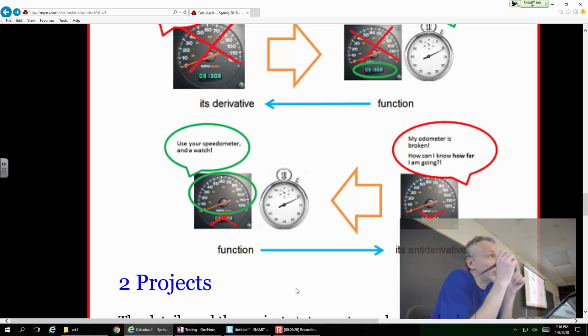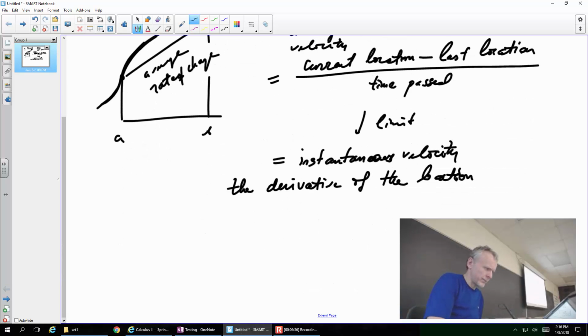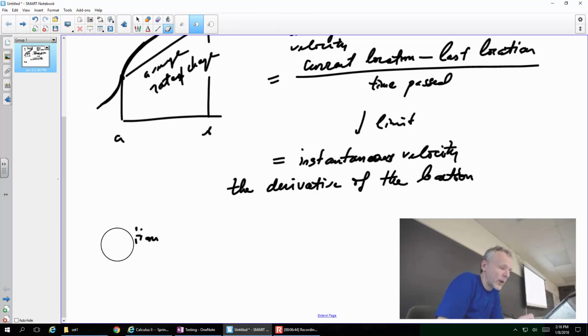You do it as many times as necessary. The shorter intervals you take, the more times you repeat that computation, the more accurate will be your evaluation of your location. So once again, location, or better to call it the displacement.